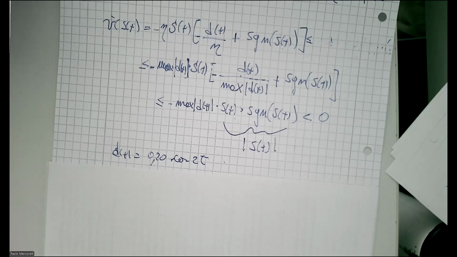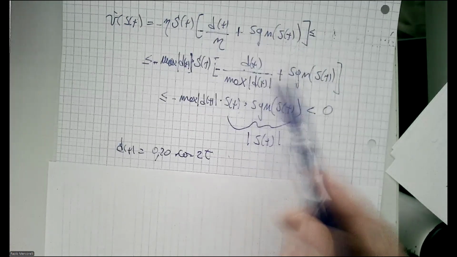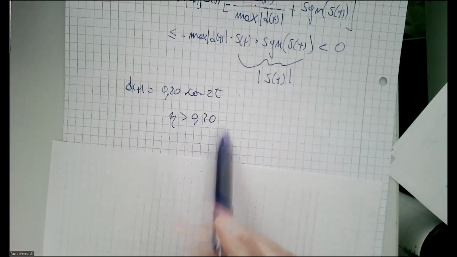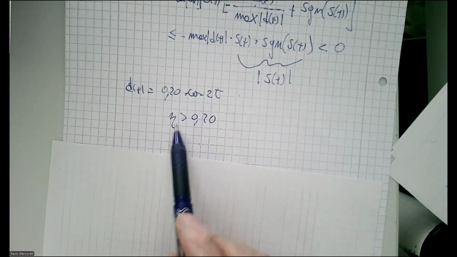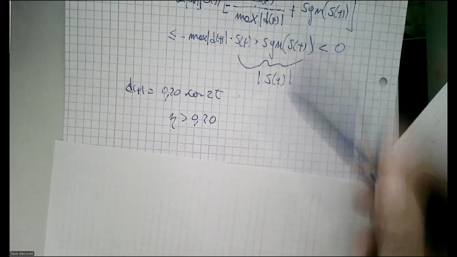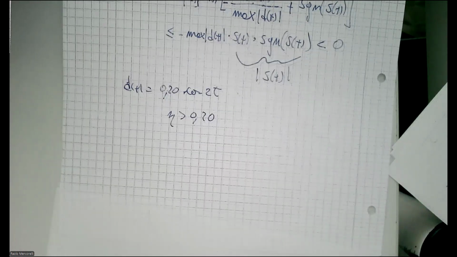Of course, it's conservative, but it works. Here, to show this, I use another method, but the idea is always the same. If the disturbance, the bump, is 0.20 cosine of 2t, eta must be larger than this one. And yet the demonstration is done in a different form, but basically it is the same.